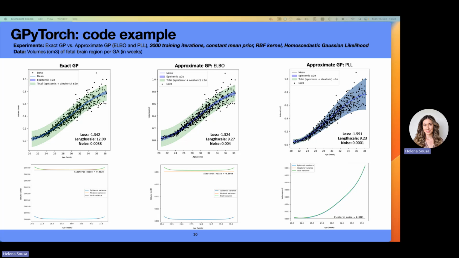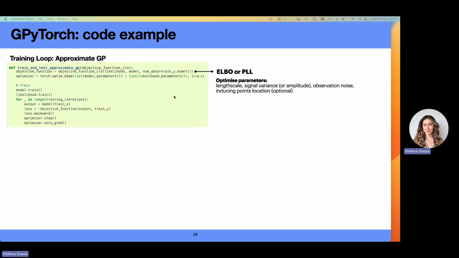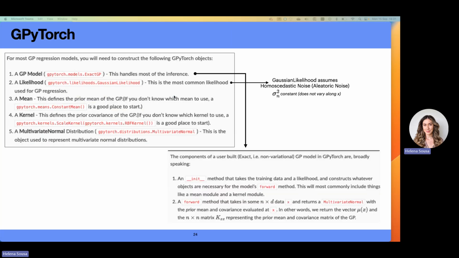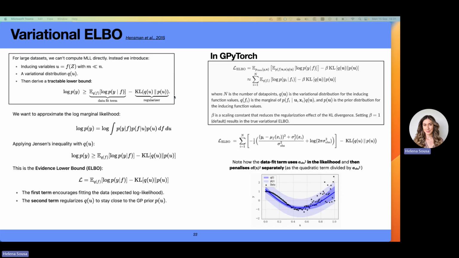Those two are supposed to be similar, right? Yeah, exactly. Because this ELBO is just the evidence lower bound on the marginal log likelihood, so they're supposed to be quite similar.